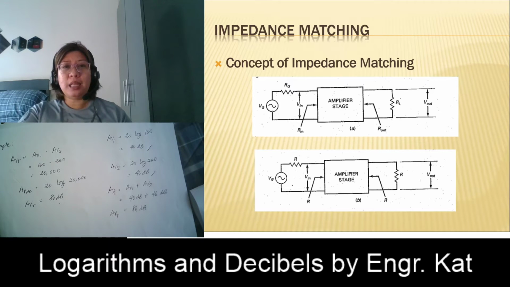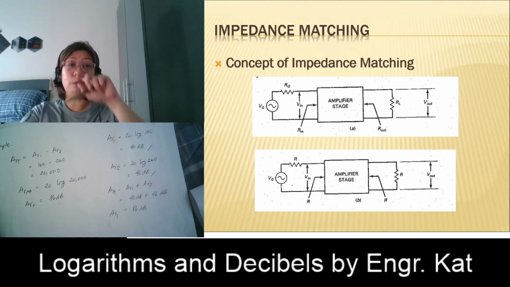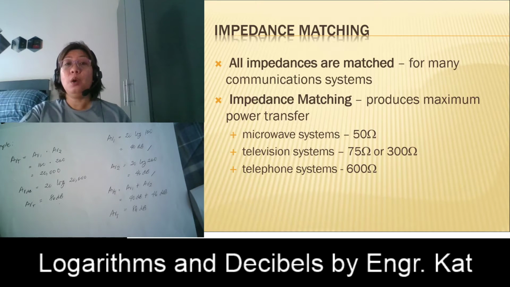Impedance matching is very important. So what do we mean by impedance matching? Your internal resistance, your output impedance, your source resistance, and your load resistance are all the same values. If they are all the same, the system is said to be impedance matched. All impedances are matched for many communication systems.